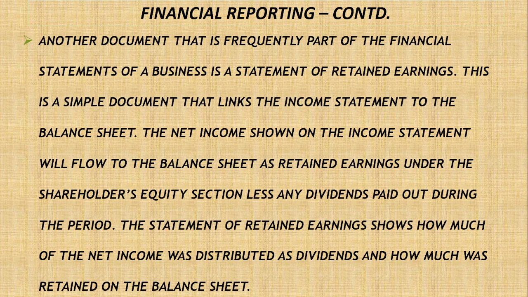The net income shown on the income statement will flow to the balance sheet as retained earnings under the shareholders' equity section, less any dividends paid out during the period. The statement of retained earnings shows how much of the net income was distributed as dividends and how much was retained on the balance sheet.